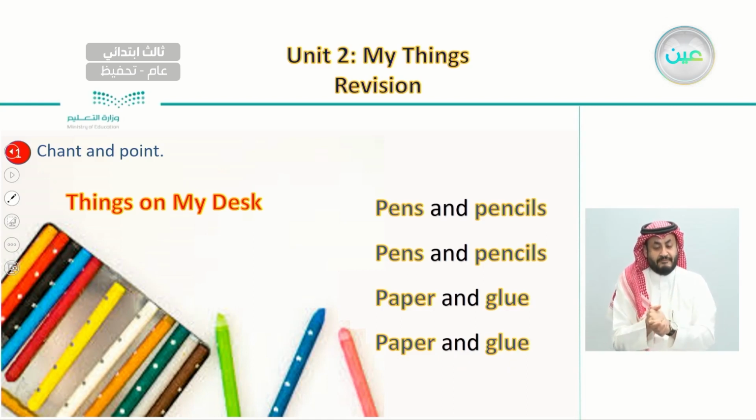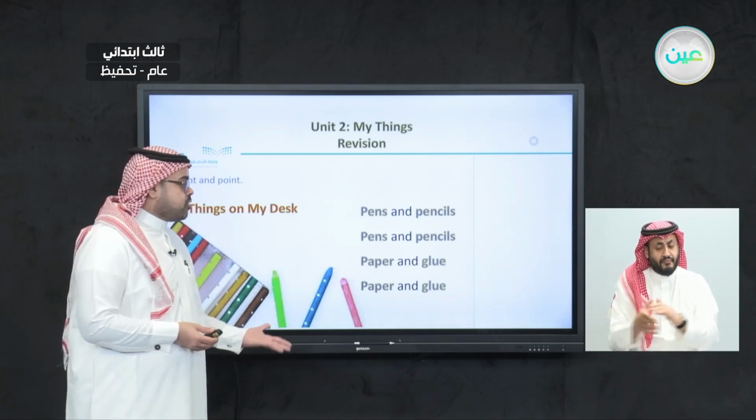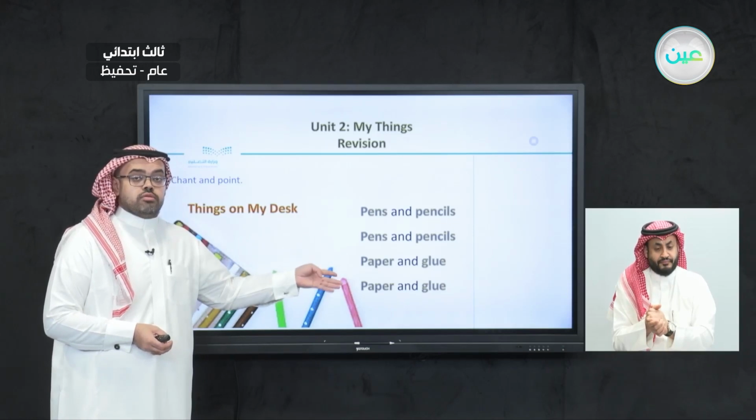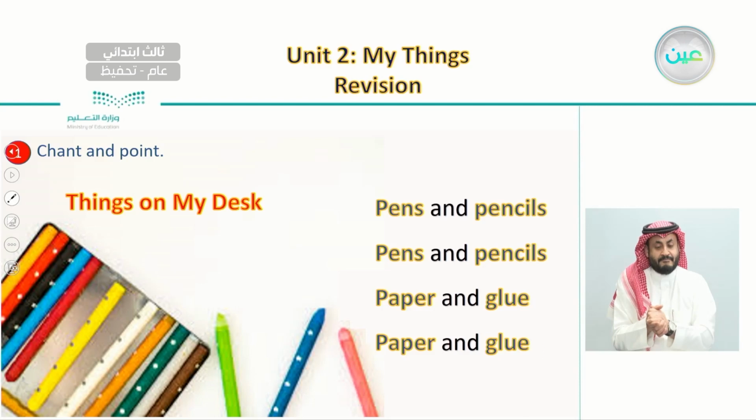Here, you can add to the list of things you may have on your desk. You can also say, I can have pens to write and pencils to draw, and I can have different papers, and also glue, which I can use to make art, or by gluing papers and other things just to make a beautiful shape.